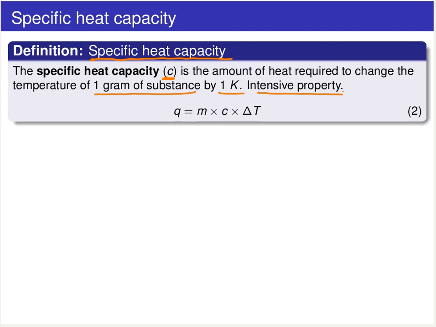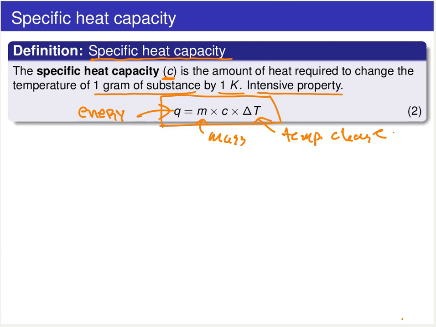Then, following the same sort of work that we saw in equation 1, we can write out an expression, equation number 2, that relates the total energy, Q, required to raise a certain mass of substance, M, by a certain temperature change, right?